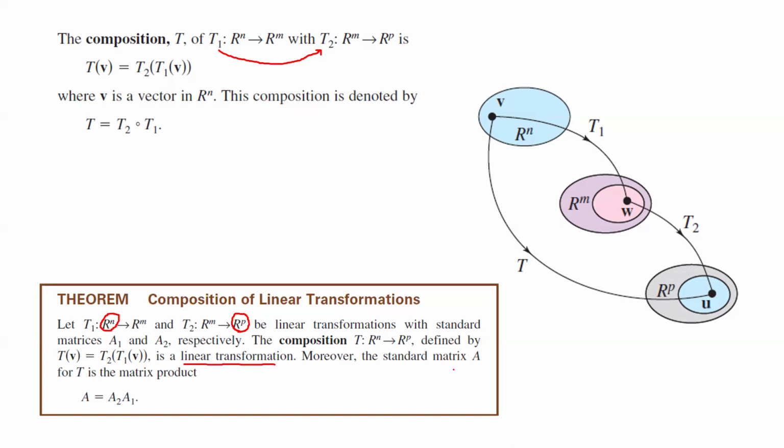Moreover, the standard matrix A for this composition is the matrix product of A2 by A1. So as you compose T2 and T1, you can multiply their matrices and get the matrix for their composition.